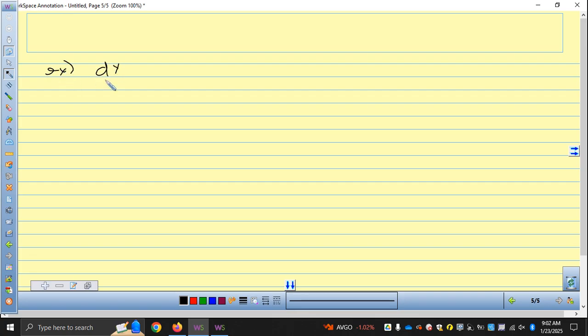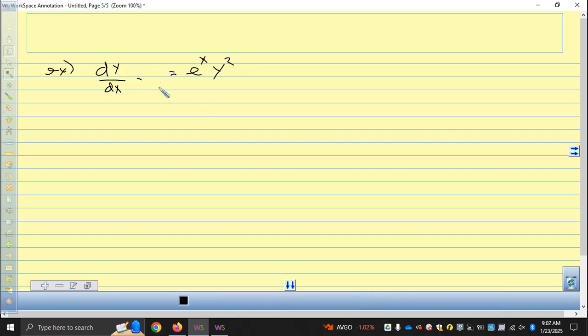So dy/dx minus y equals e to the x y squared. That y squared makes this a nonlinear equation. Here n equals 2. It's whatever this exponent is when we write our equation in standard form.